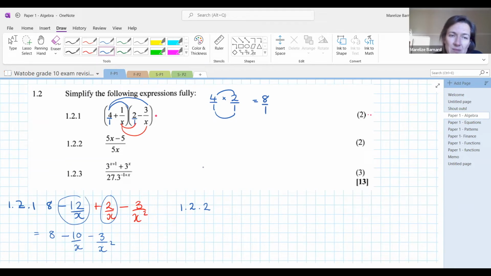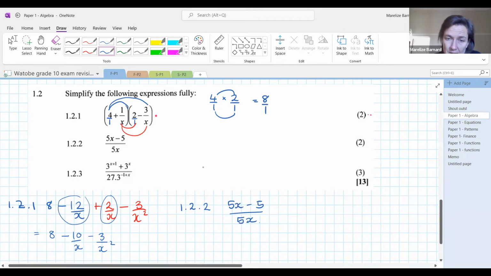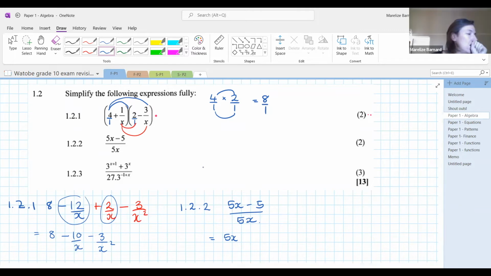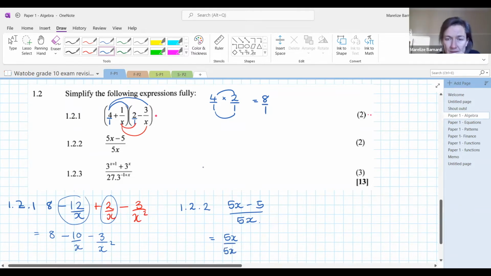Okay. Next one is 5x minus 5 divided by 5x. Now, we can separate the terms out. There's 2 ways to do it. We can go 5x over 5x minus 5 over 5x.